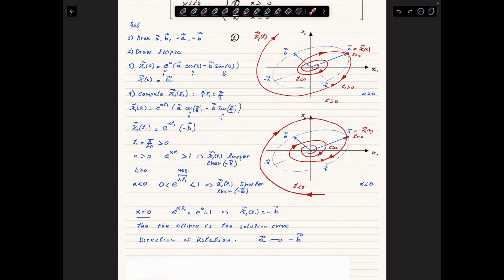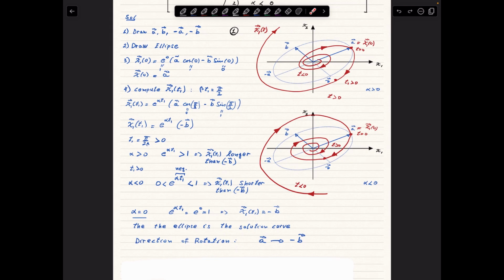For different choices, it can mean counterclockwise. We are going to see that in the next class.